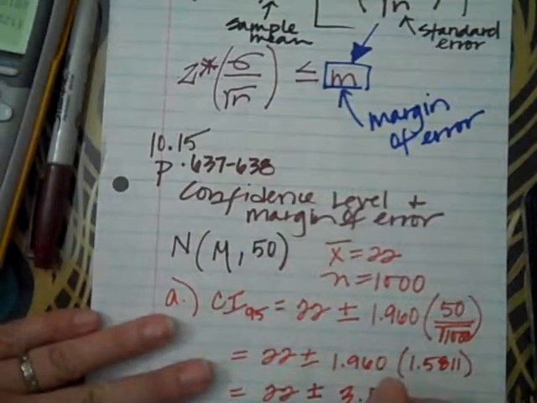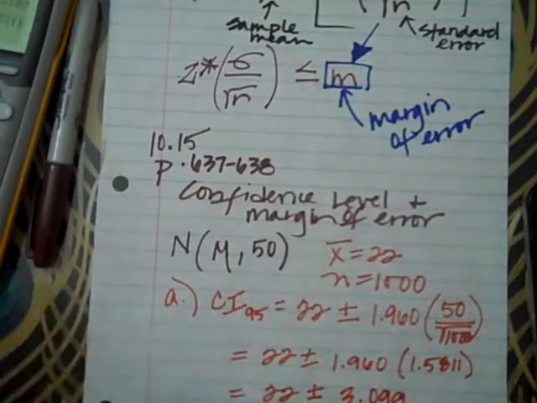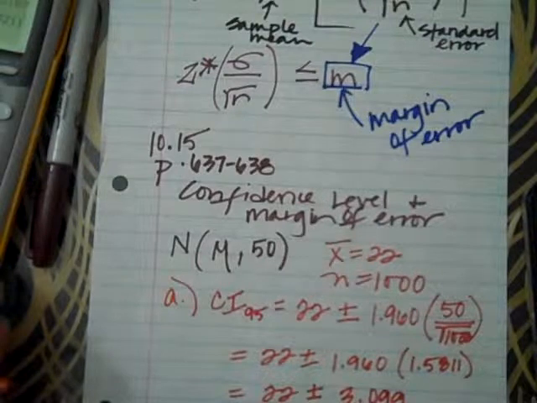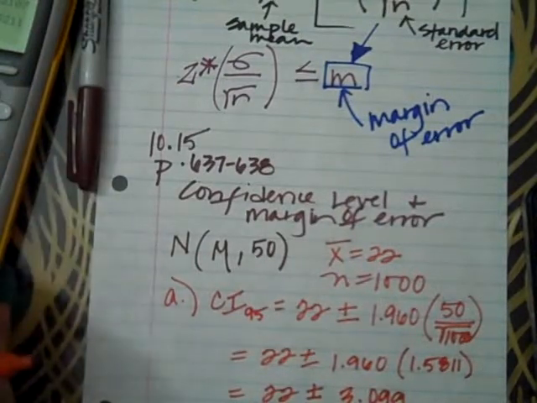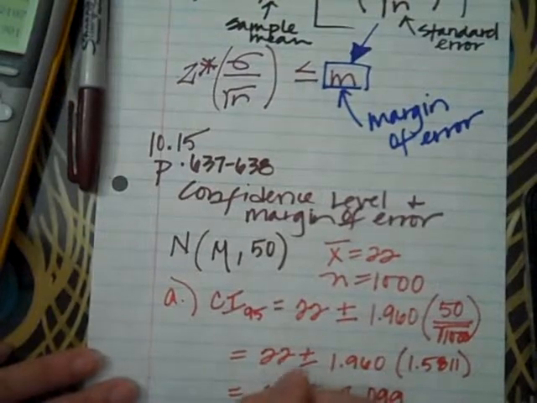When I take 3.099 and add that to 22, I get my upper end of my interval at 25.099, and when I subtract that from 22, I get 18.901.